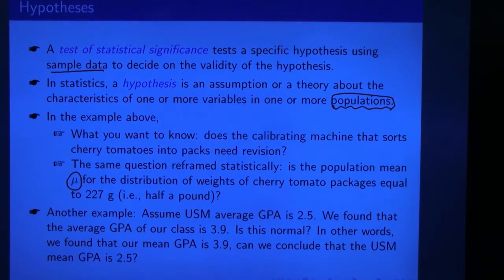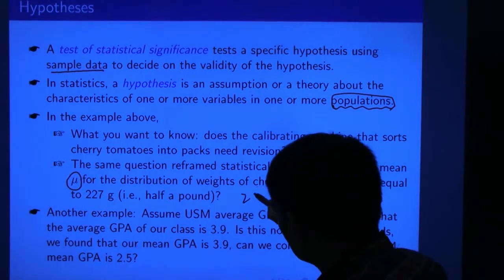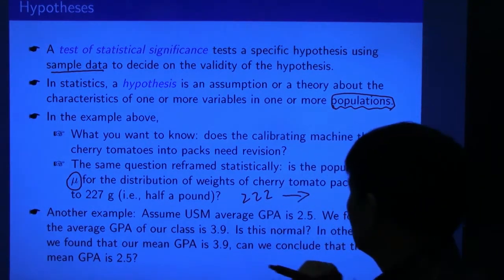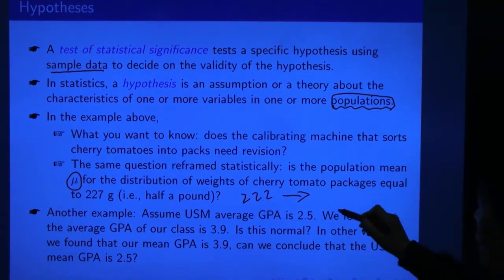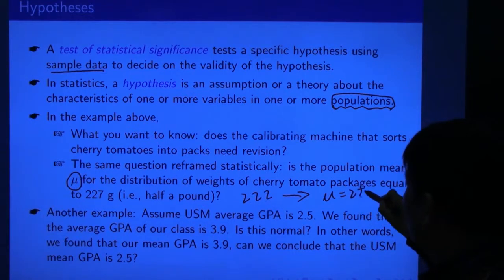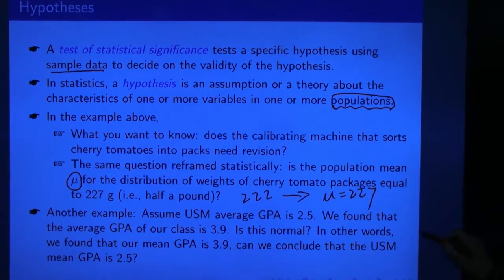Because the box is labeled 227, but our sample is 222. So we want to know, from this sample mean of 222, can we infer that mu equals 227? That is the question. We have another example. We assume the USM students' average GPA is 2.5.